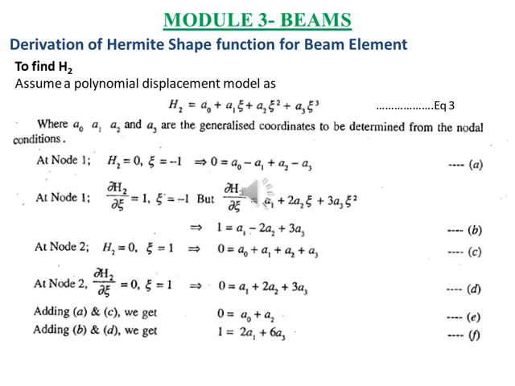Now substituting this in equation C, we get a1 plus a3 is equal to 0, but a1 is equal to half minus 3a3. Hence I can write half minus 3a3 plus a3 is equal to 0, or a3 is equal to 1 by 4.